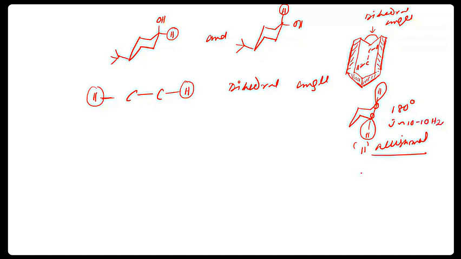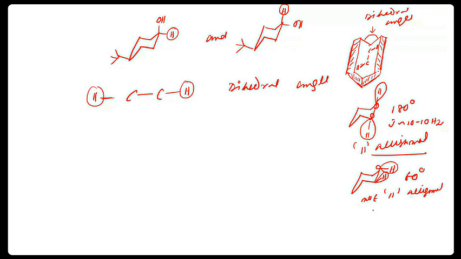In case of this, the dihedral angle is like 60 degrees. Then we'll have no parallel alignment, because one bond is projected in this direction, another bond is projected in this direction.